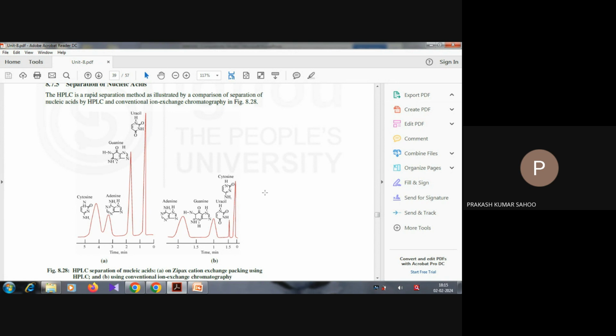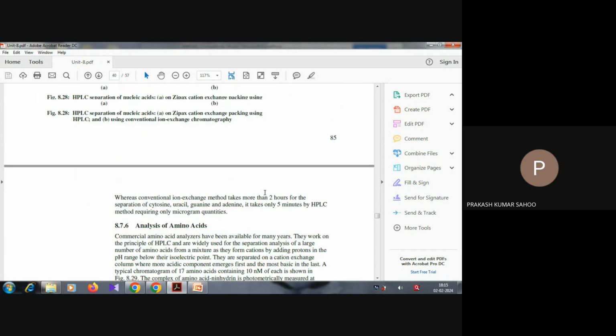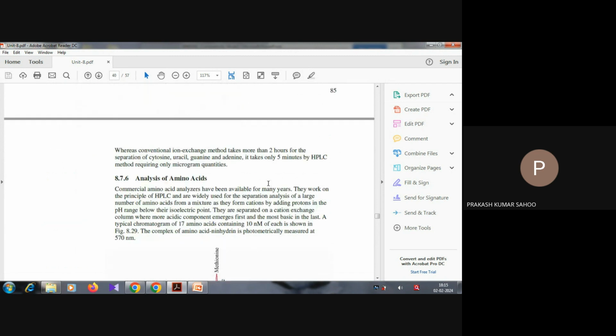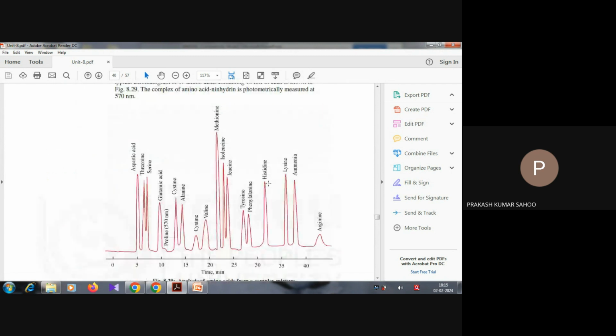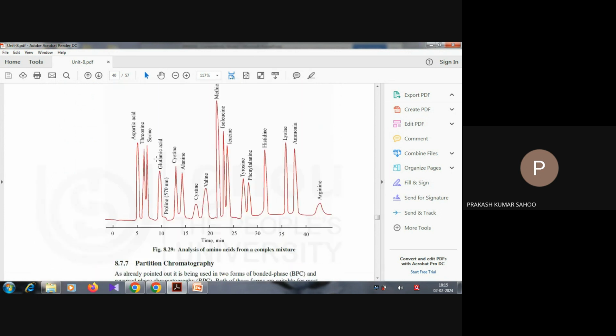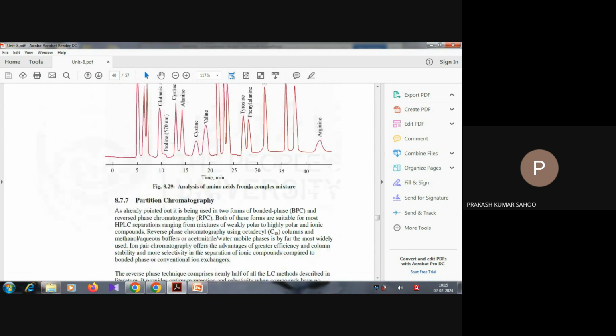This is the separation of the amino acids. Then analysis of amino acids using HPLC, and how their peaks are differing from one another.